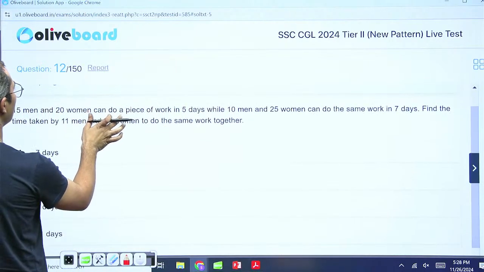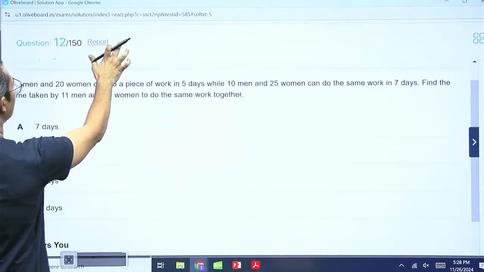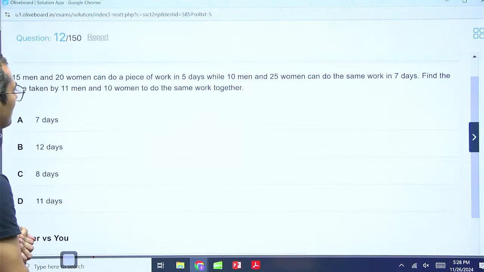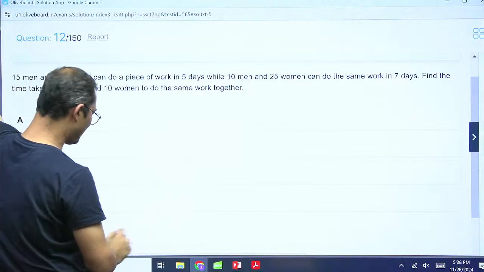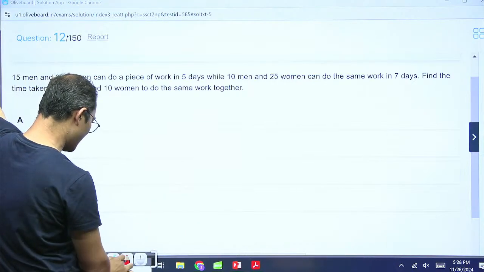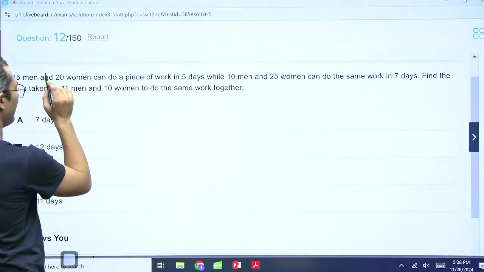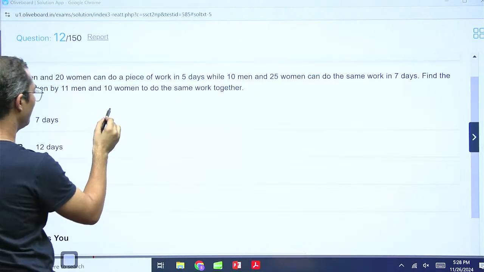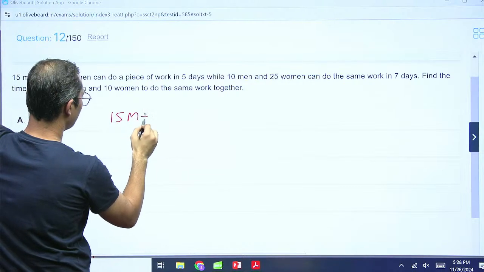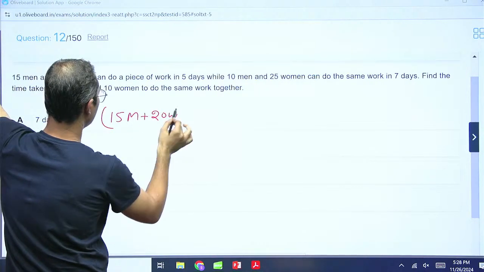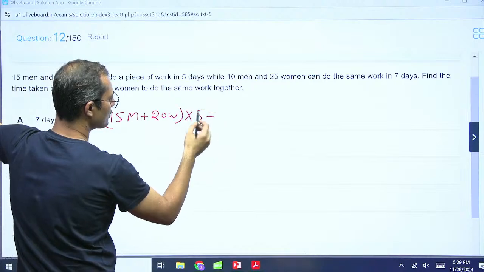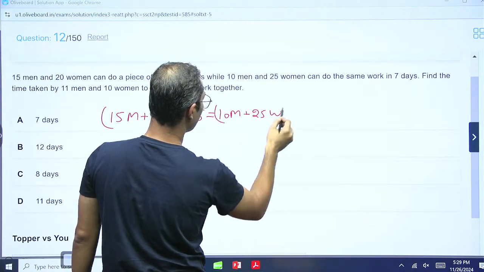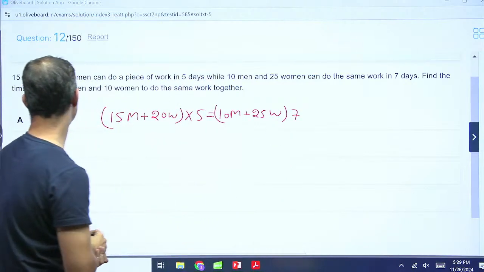See, the question is saying 15 men and 20 women can do a piece of work in 5 days. So here we can apply the MDH formula, right? What is the MDH formula? It says that if one man can do M work in a day and a woman can do W work, then 15M plus 20W into 5 is going to be equal to 10 men plus 25 women can do the same work in 7 days, right?